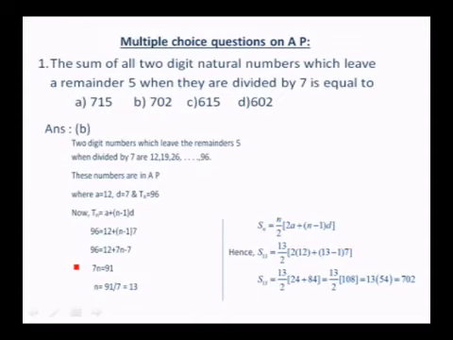So 96 is equal to 12 plus 7n minus 7. From this, you can find n. n is 13. Now use the Sn formula. Sn is n by 2 into 2a plus n minus 1 into D. You know already the values of n, a and D. Substitute those values. Sn is 13 by 2 into 2 into 12 plus 13 minus 1 into 7. On simplification, you get it to be 702. So the option is B.